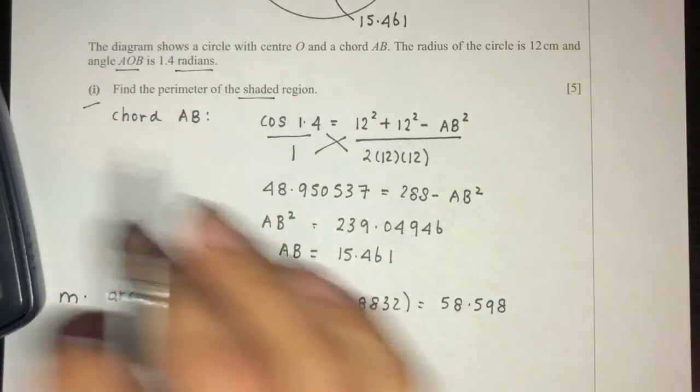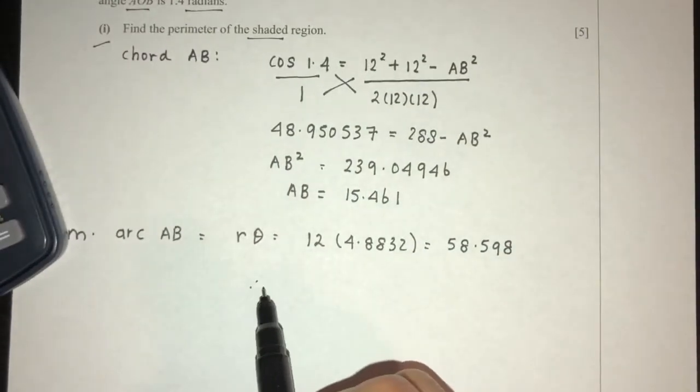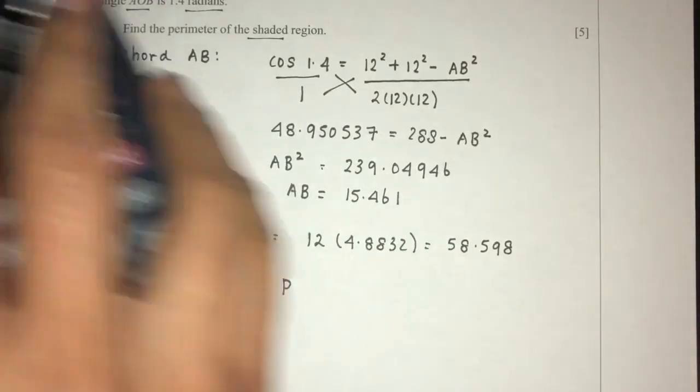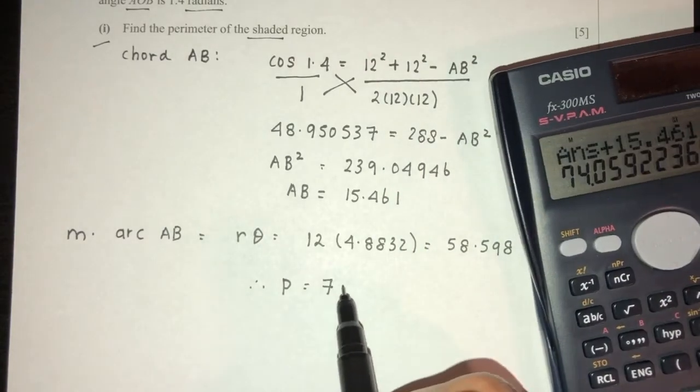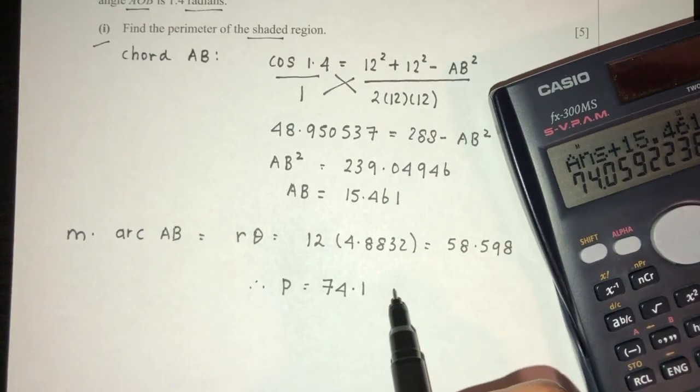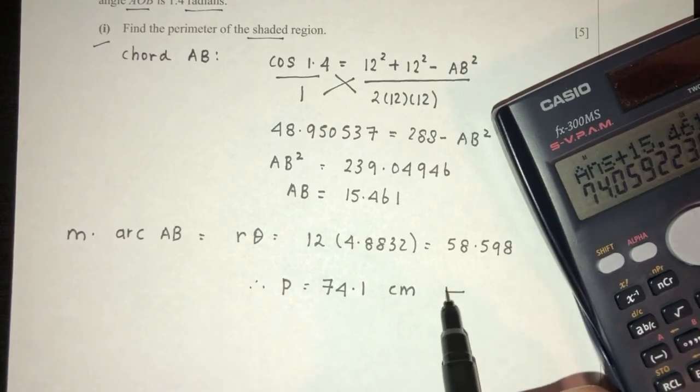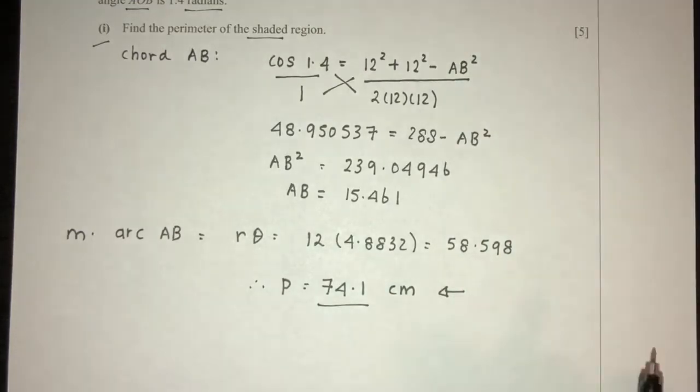Now to find the perimeter, we add those two together. This plus 15.461 will be 74.1 centimeters, correct to 3 SF. That is your perimeter.